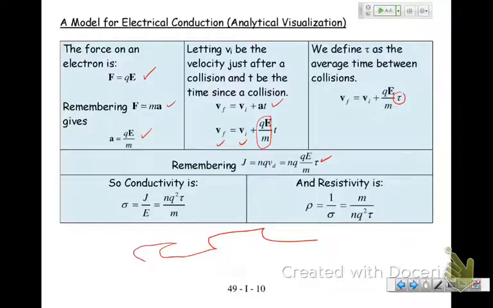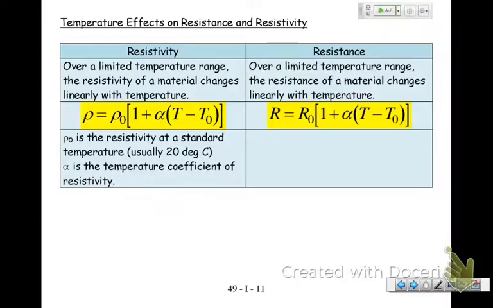And the resistivity equals 1 over sigma, 1 over this conductivity, m over n q squared tau. And I don't really care about that. I'd like you to know it's there, but I'm not going to ask you a question about that. Okay? I might conceptually ask you about, well, what happens if you were to picture what happens when an electron goes through a piece of wire under the influence of a potential difference, but that's about all.